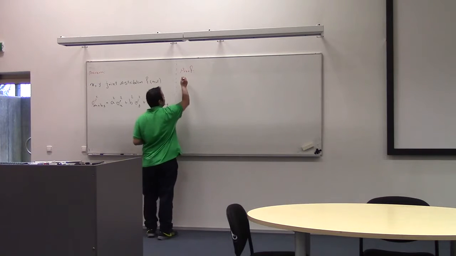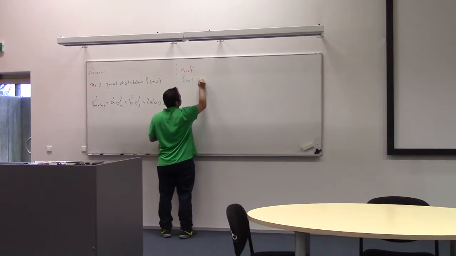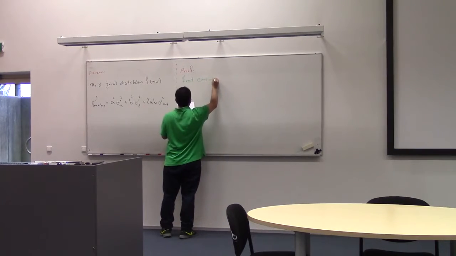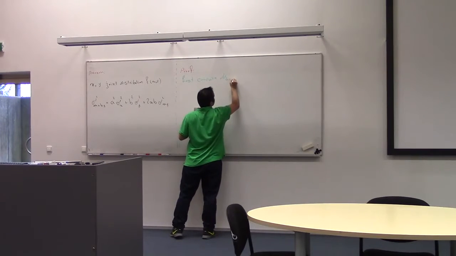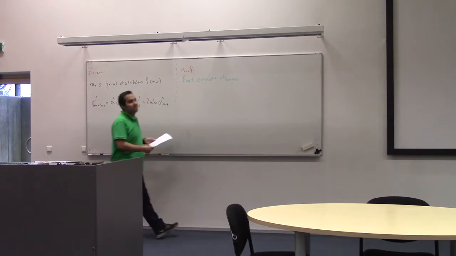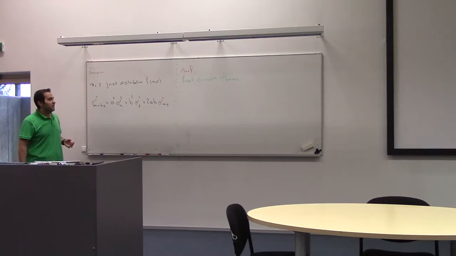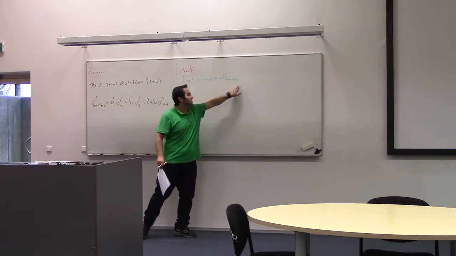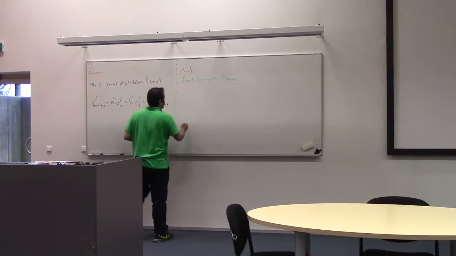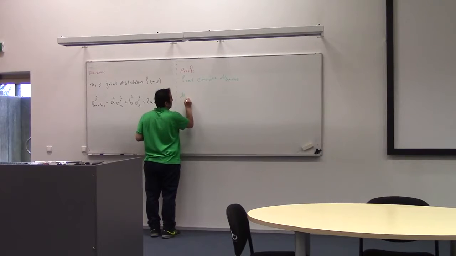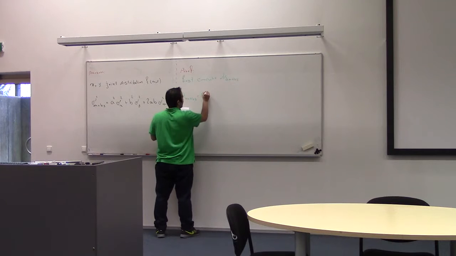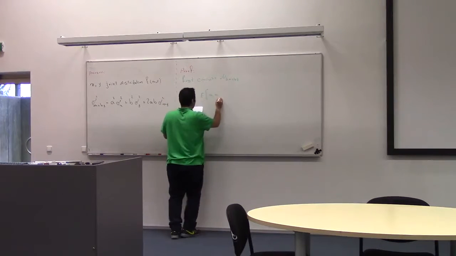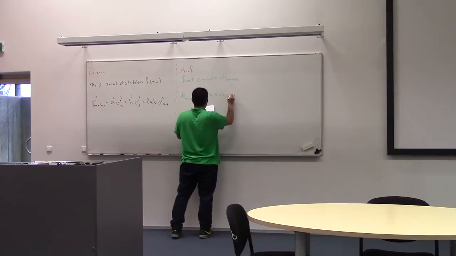Similar to the previous one, first we compute μ_{aX+bY}. Remember, first we have to find this. How can we find it? μ_{aX+bY} is equal to the expected value of aX plus bY.